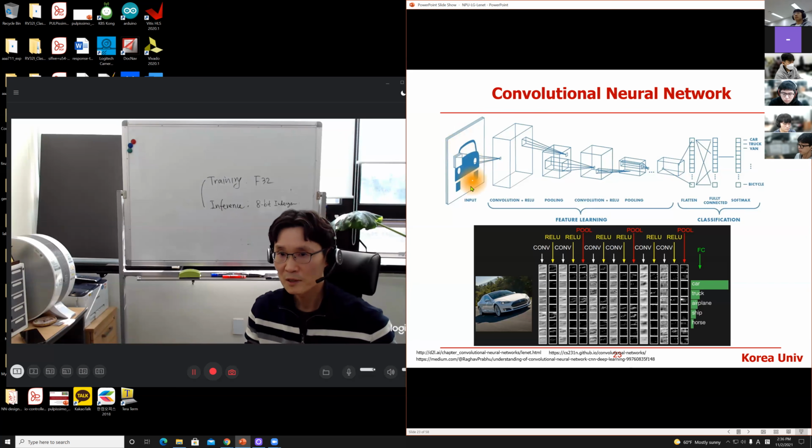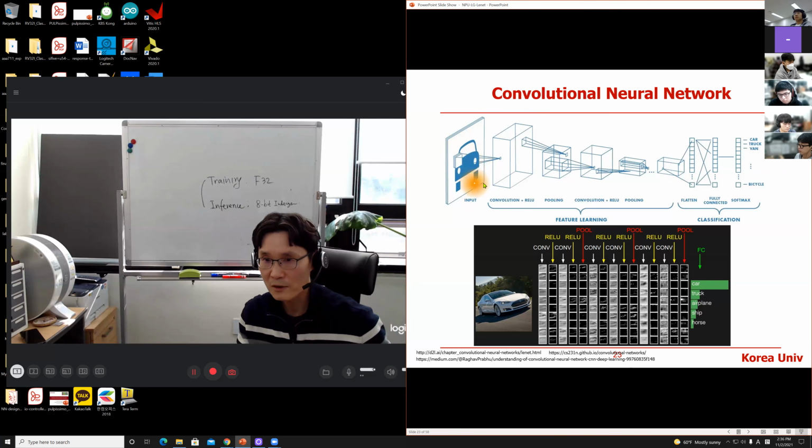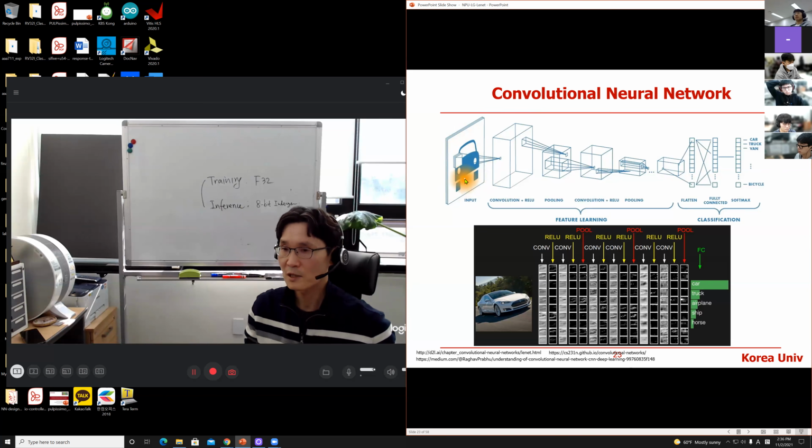You have some square right here. Those are features. At the end you want to get those features, 특징 in Korean, and based on these features, you want to tell, okay, that is a car, that is a truck, that is a van. Classification.